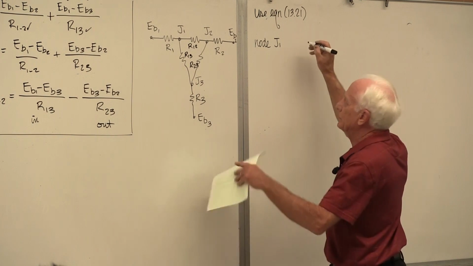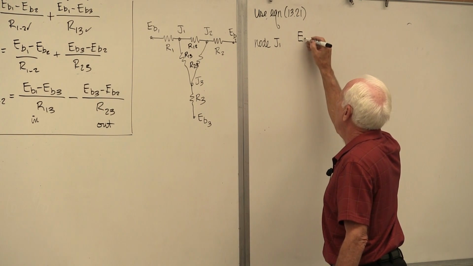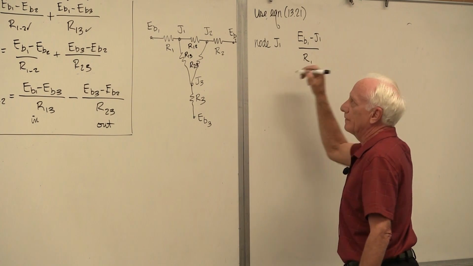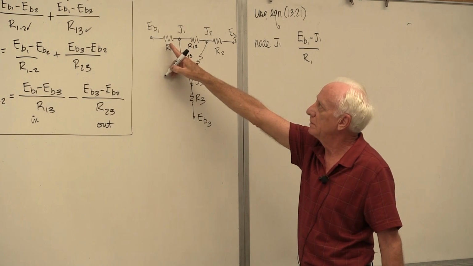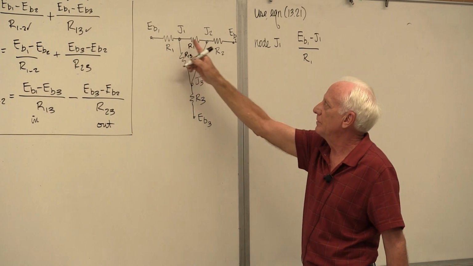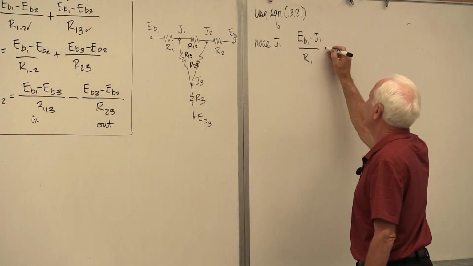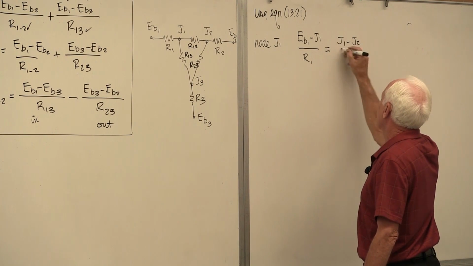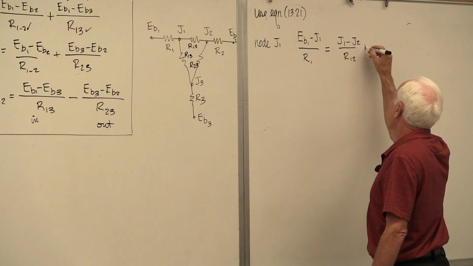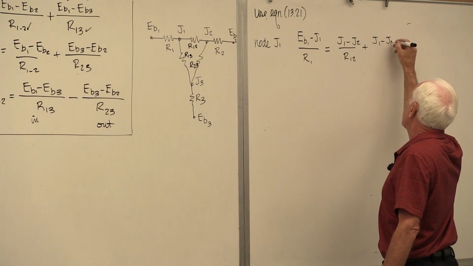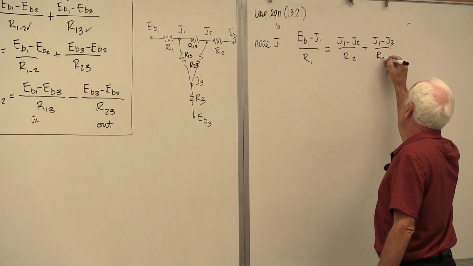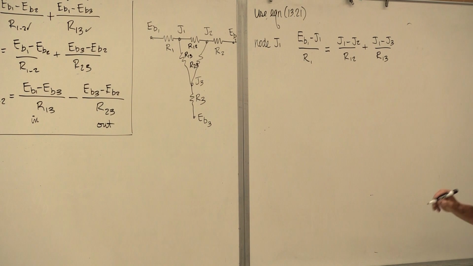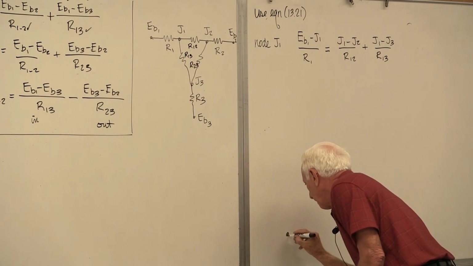So the heat that comes in to node J1, EB1 minus J1, divided by R1, that's Q1, equals the heat that goes out to J2 and J3. Okay. I'll draw a little picture down here to show that.